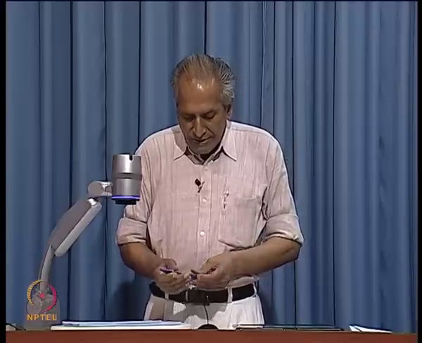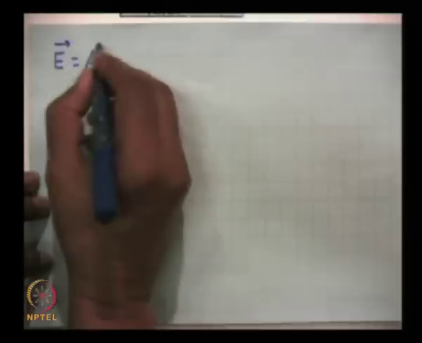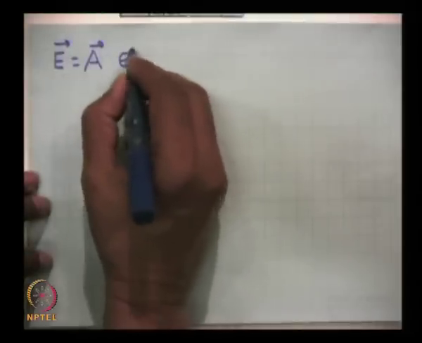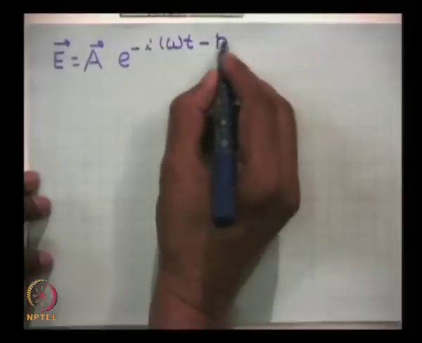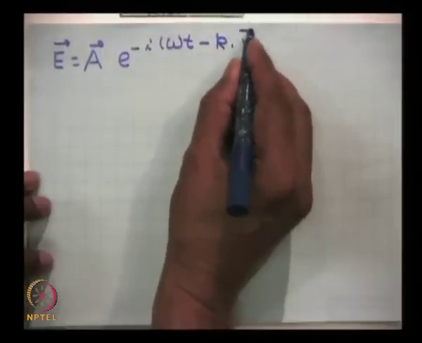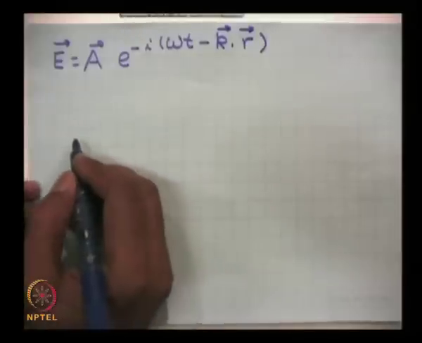We were discussing the plane wave solution like E is equal to A exponential minus I omega t minus k dot r. Under what condition will this solution satisfy Maxwell's equations?